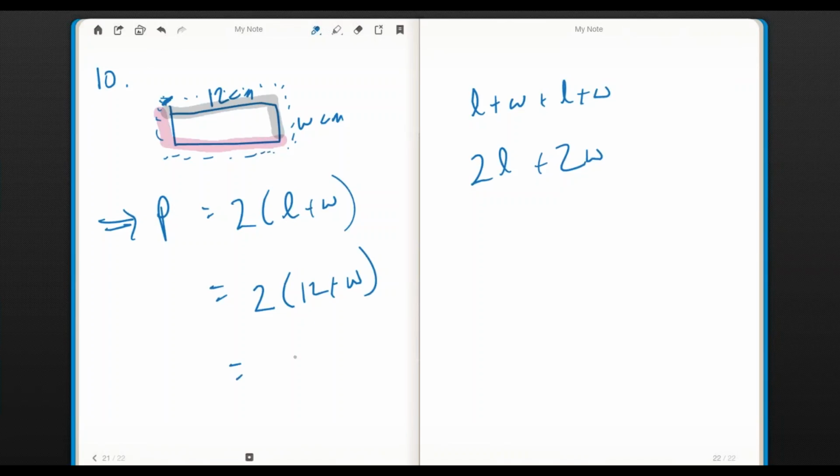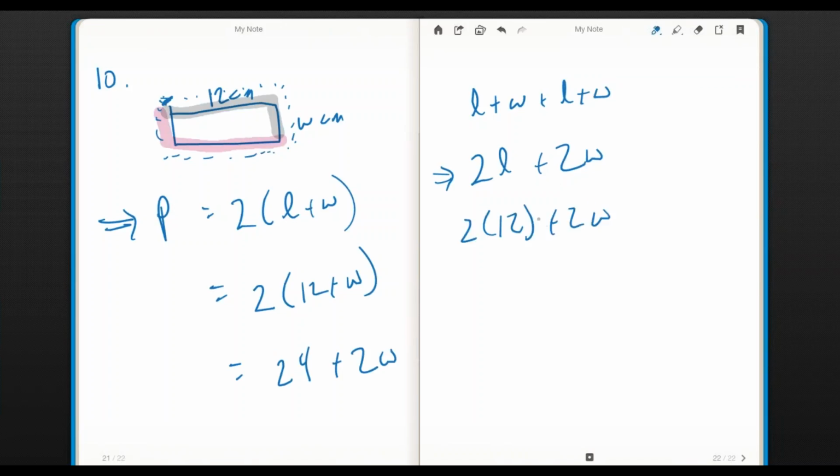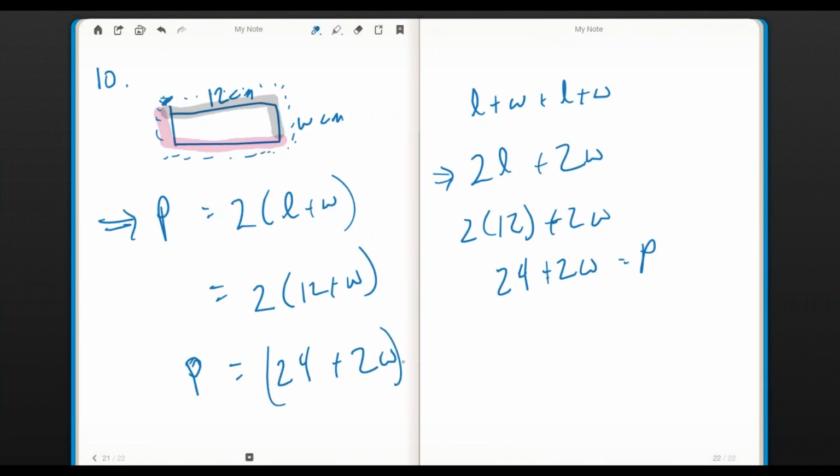We could also say, well, 2 12s, that's 24, and 2 W's, that's 2W. So 24 plus 2W is the perimeter. Same thing. Okay, good idea to have more than one way to solve a problem. But when you get your answer, please don't forget, you need to have units on it. 24 plus 2W centimeters.